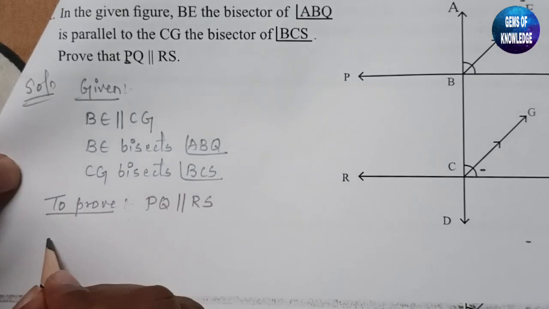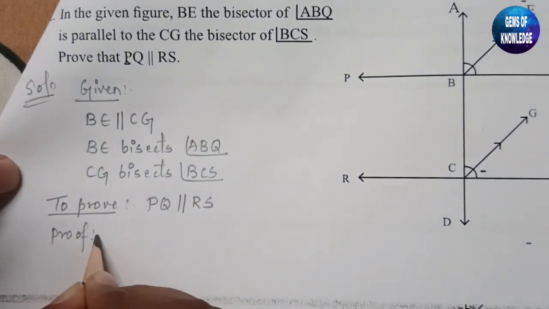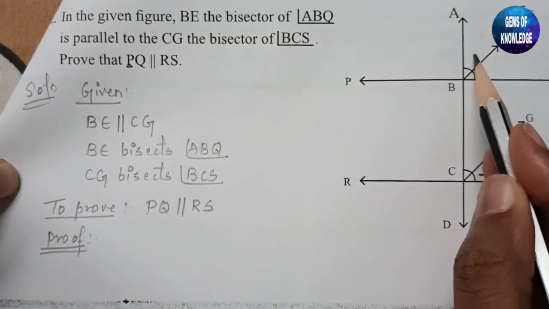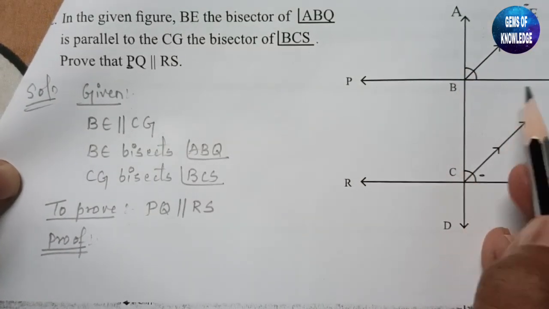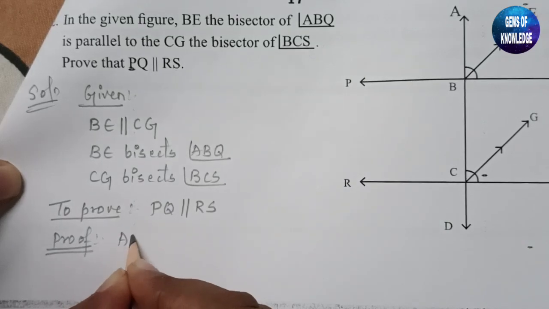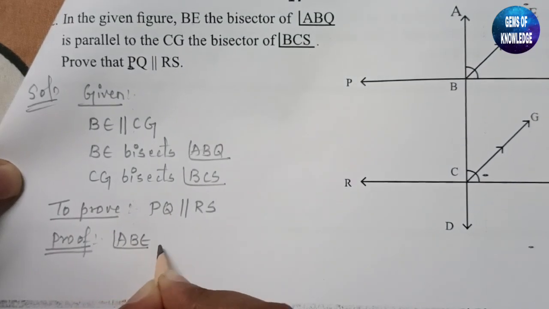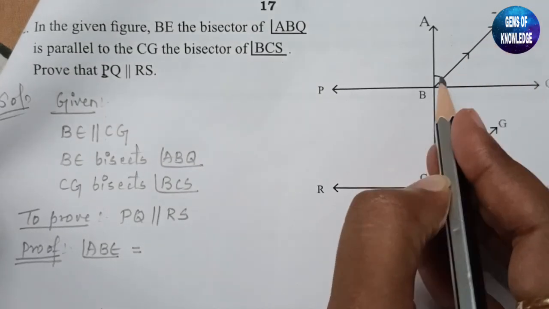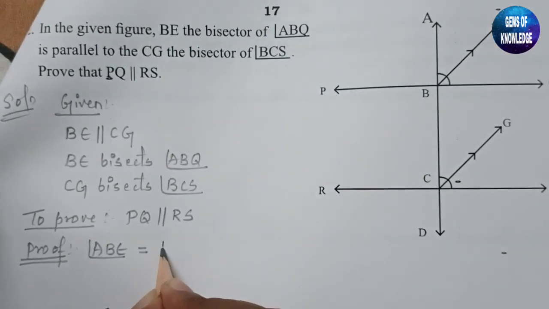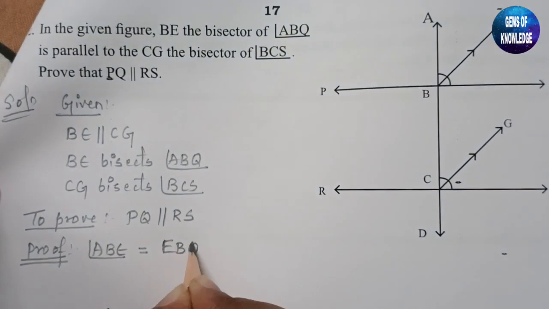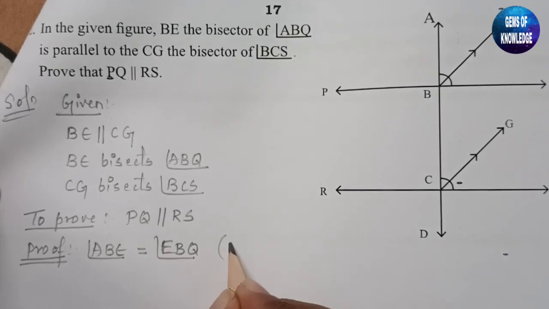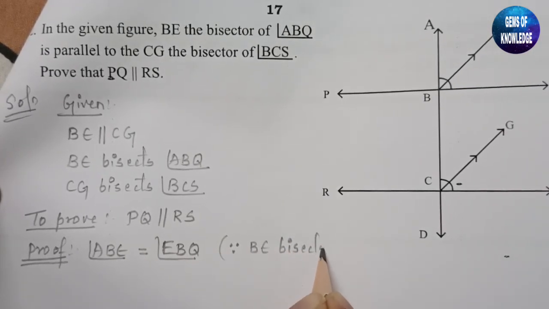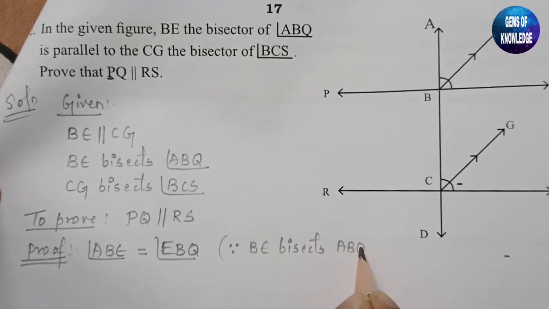So in the proof we can write, if BE is bisecting this angle, then angle ABE is equal to angle EBQ, since BE bisects ABQ.